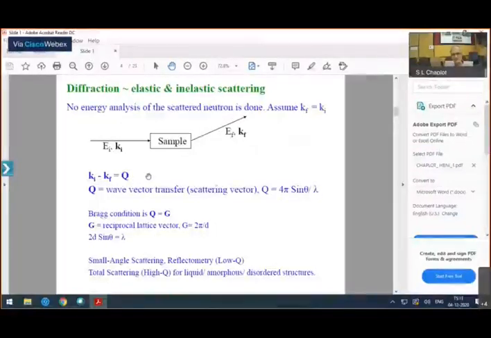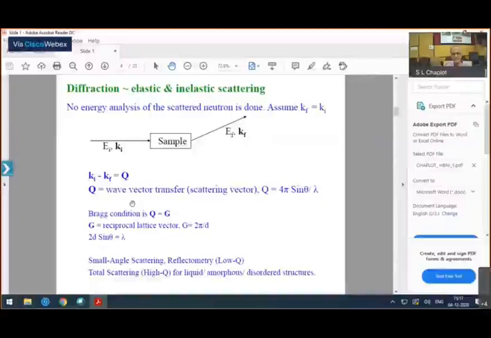This is just a revision of your diffraction class. You have a vector difference Ki minus Kf equal to Q, the wave vector transfer. And you can work it out that if 2 theta is the Bragg angle, the angle between the incident and outgoing beam, then the magnitude of this wave vector can be written as 4 pi sine theta by lambda.